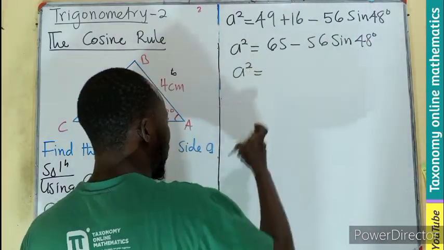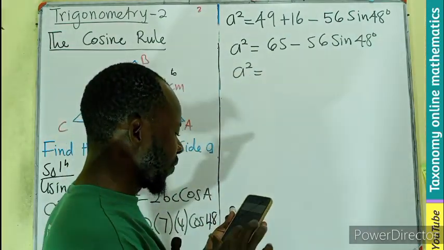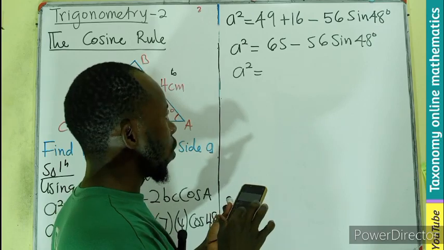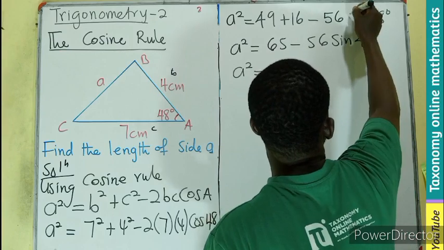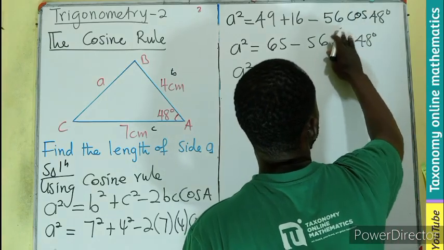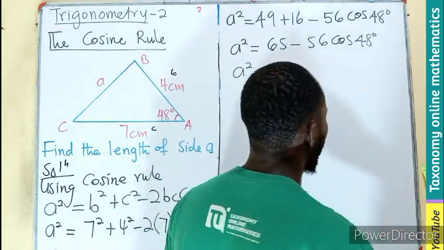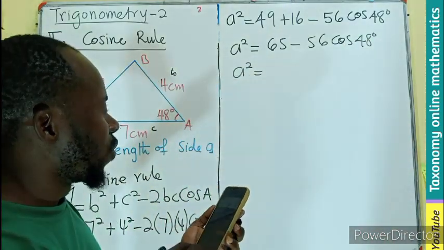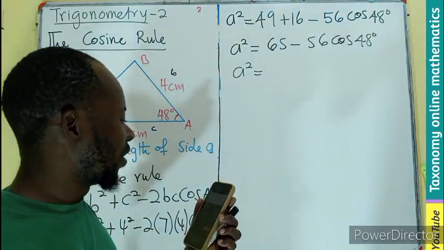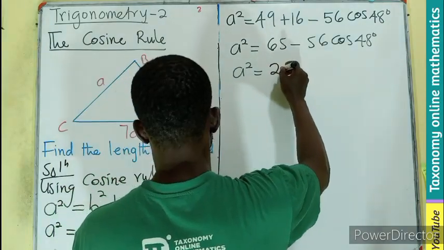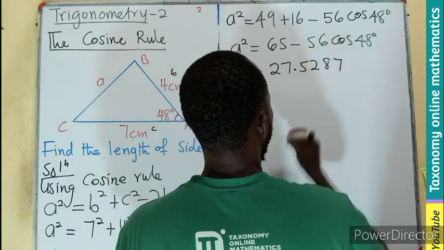So a squared will be equal to, let's take that on a calculator, 65 minus 56 cos 48, right? I'm always writing sine when I want to write cos. So that is going to be cos 48, and that subtraction will give us 27.5287.